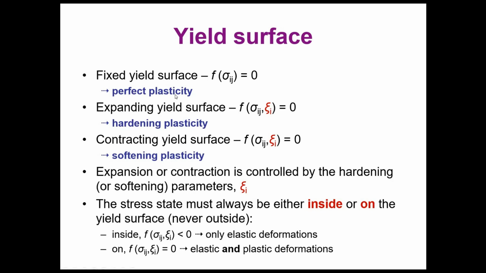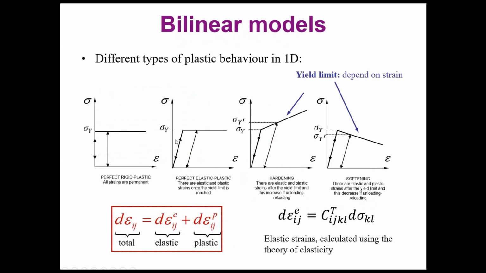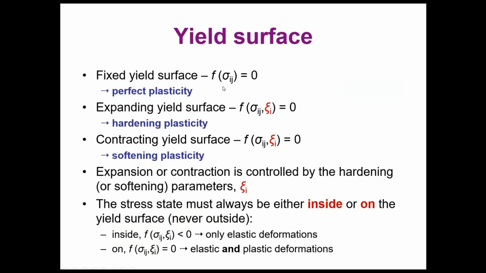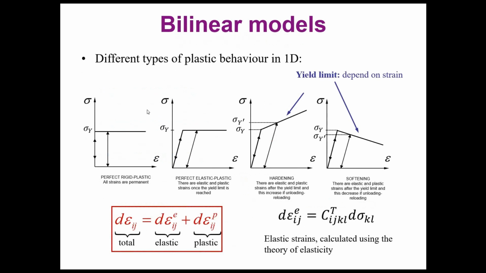And when you have, for example, a perfect plasticity, which means that you have a model like this or like this, so you have a perfectly rigid or elastic stage at the beginning, and after a perfectly plastic regime, in those cases there is no parameter to be defined in the yield surface, because the yield surface will be fixed basically. So the yield surface is not going to expand or contract, because the only parameter you need to define is the yield stress, that is just a value and is going to be fixed.